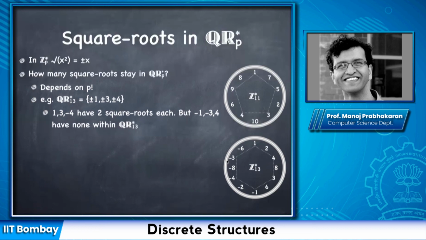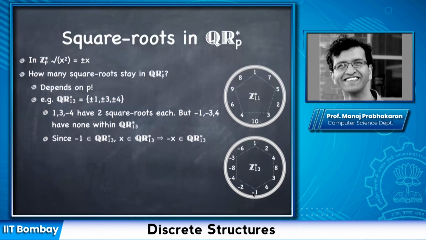Minus 1, minus 3, and minus 4 do have square roots, that's why they are in QR13 star, but both their square roots are outside of QR13 star. Okay, so the reason for this is, well, it all depends on whether, when you go halfway across the cycle, you change your membership in QRp star or not.